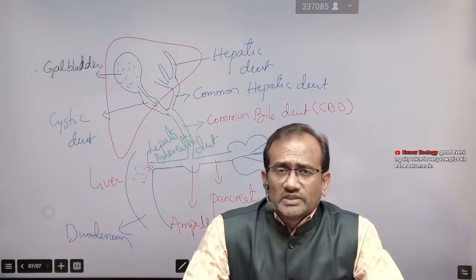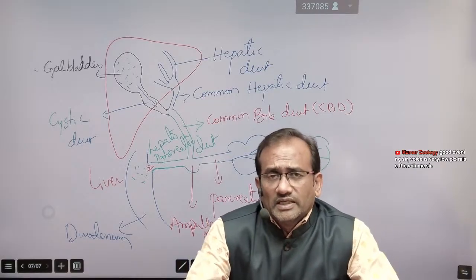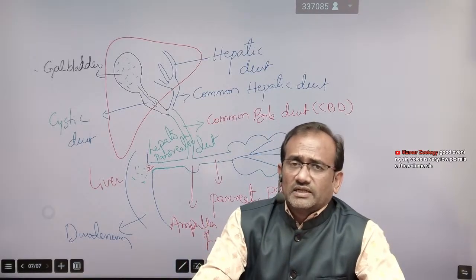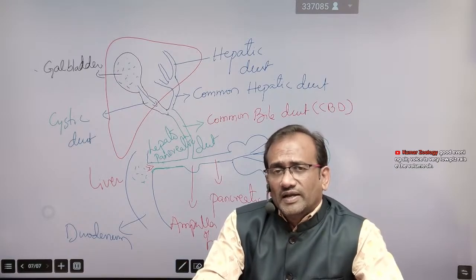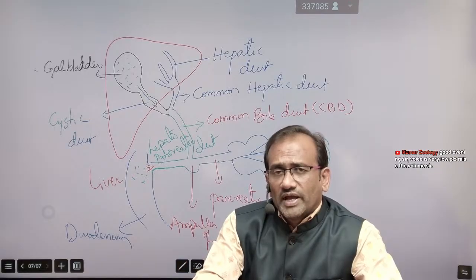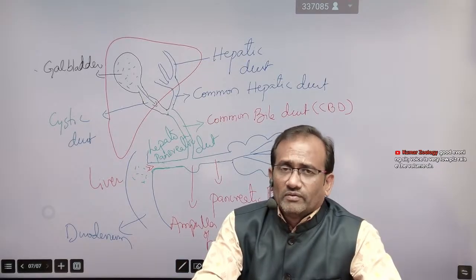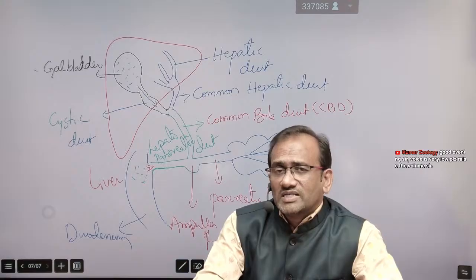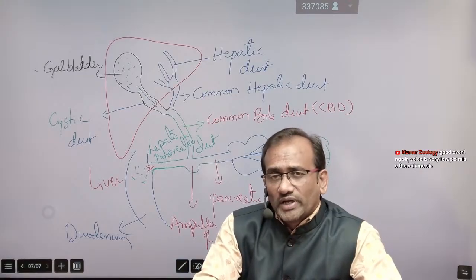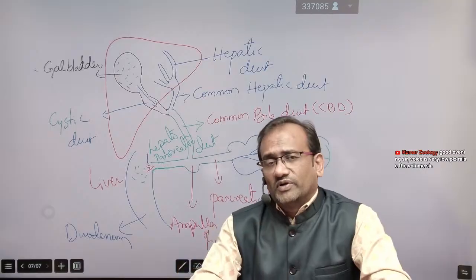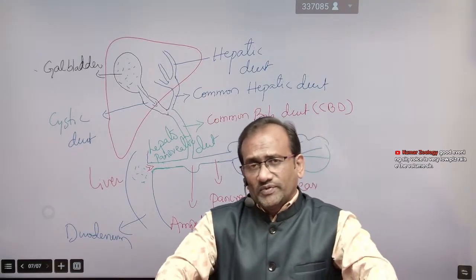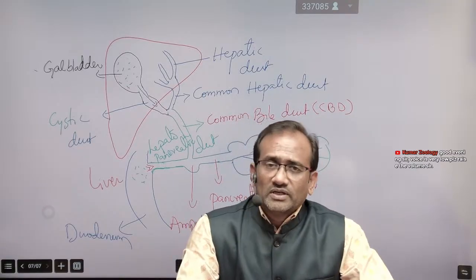Osmania University Hyderabad conducted the MSc entrance zoology test, and this question was asked. This is your homework. Comment or chat with me and give the answer. Name the sphincter present at the opening of the hepatopancreatic duct into the duodenum. Answer this question tomorrow.